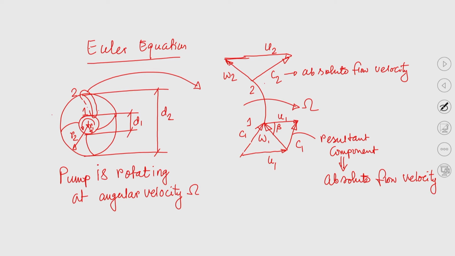So, the angle between the relative velocity and the tangential velocity at the inlet is known as the blade angle. So, this beta is the blade angle.